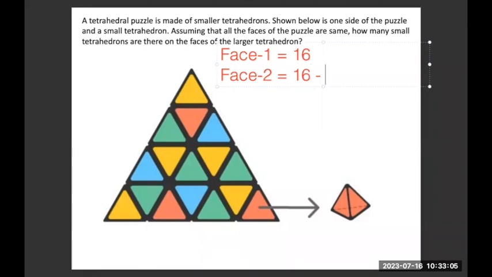Minus, in phase 2, which is happening on this side, these 1, 2, 3, and 4 tetrahedrons are already counted in phase 1. In phase 2, which will be happening at the back on this edge, these 1, 2, 3, 4 are already counted. So I say 16 minus 4. 16 is the total minus these 1, 2, 3, 4, which are repeated in the first facade.